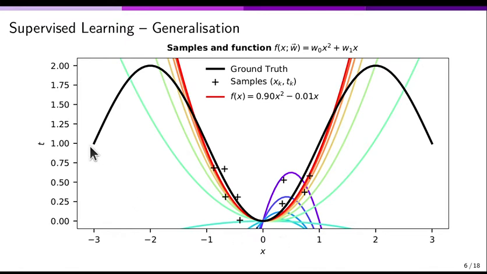But if my ground truth was a curve like this, and I never gave it data out here, with an x of 2 or x of 3 or -2 or -3, of course there's no way that it would have learned that. So that's the standard problem that neural networks tend not to generalize outside of the range that they were trained on.